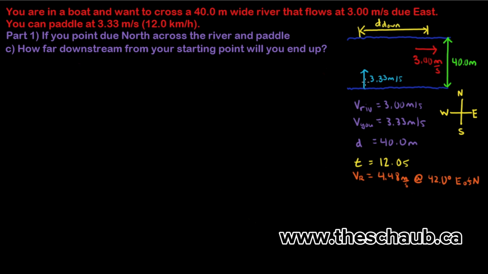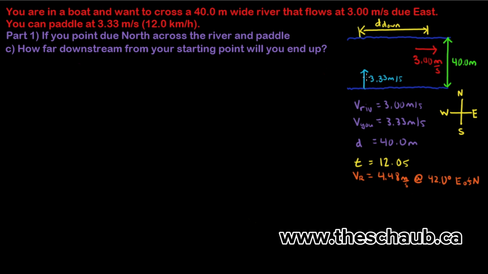Your velocity crossing the river does not affect directly how far downstream you end up, because the only thing that affects how far downstream you end up is how fast the river flows and how long you're flowing for. Now, we found out how long it takes you to cross in part A, and this is how long you will flow downstream while you're paddling across.